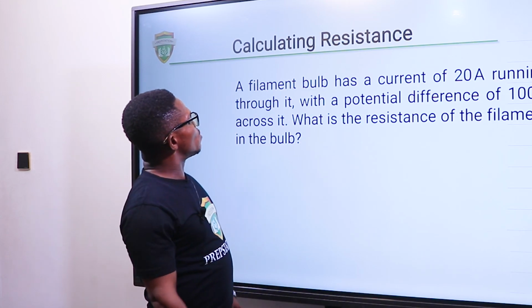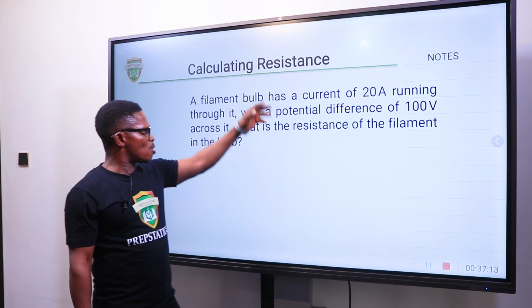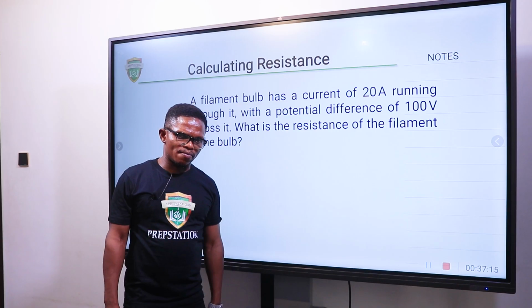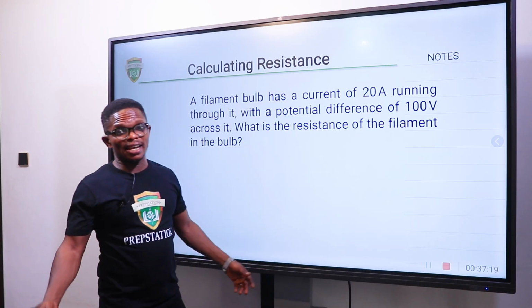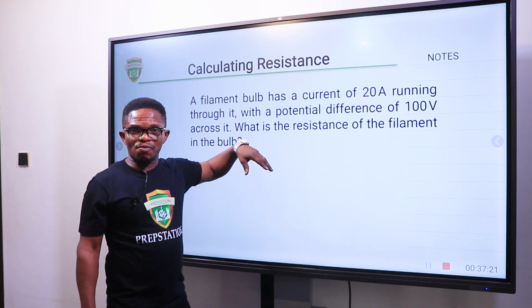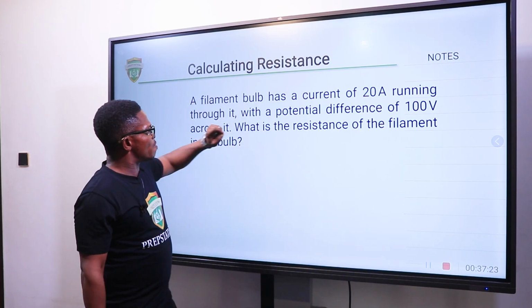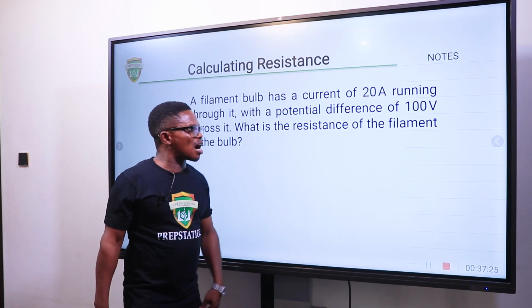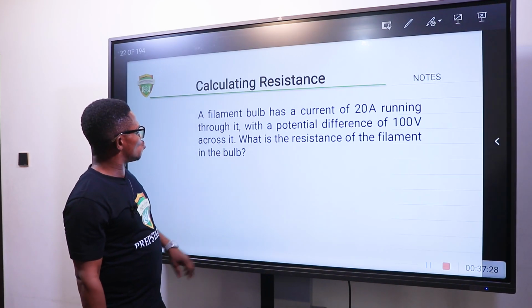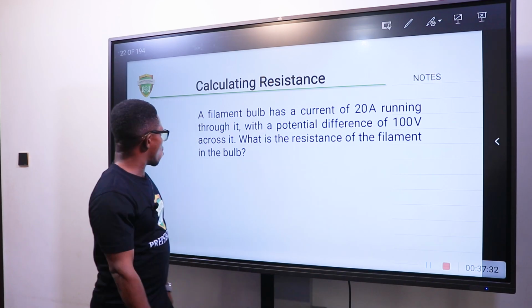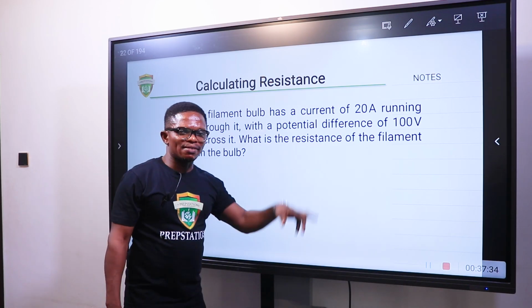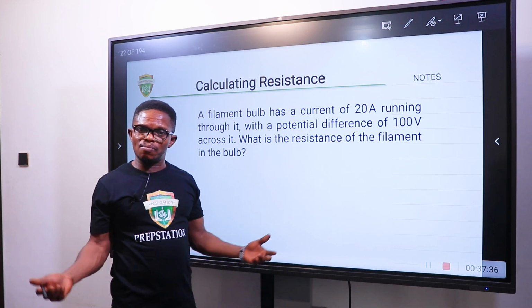Let's look at an example, calculating resistance. A filament bulb, yes, we all have bulbs at home, either a filament bulb or energy saving bulb or LED. But this one is referring to a filament bulb. A filament bulb has a current of 20 amperes running through it with a potential difference of 100 volts across it. What is the resistance of the filament? Very simple question.